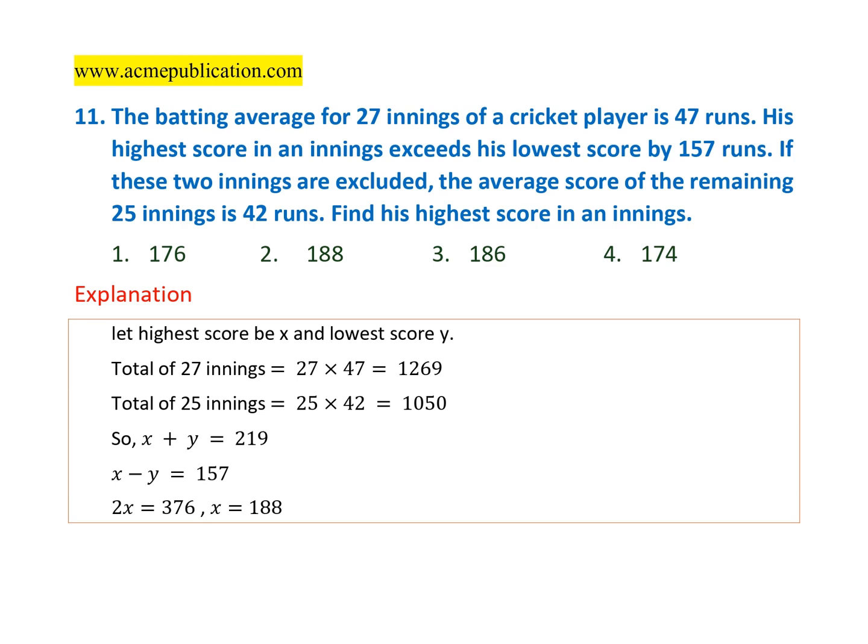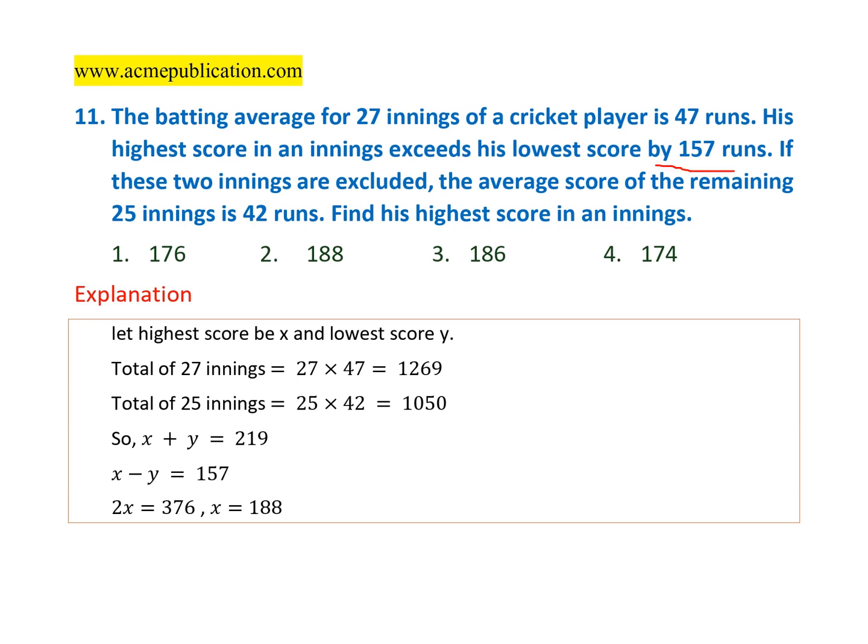Question 11. The batting average of 27 innings of a cricket player is 47 runs. His highest score in an inning exceeds his lowest score by 157 runs.